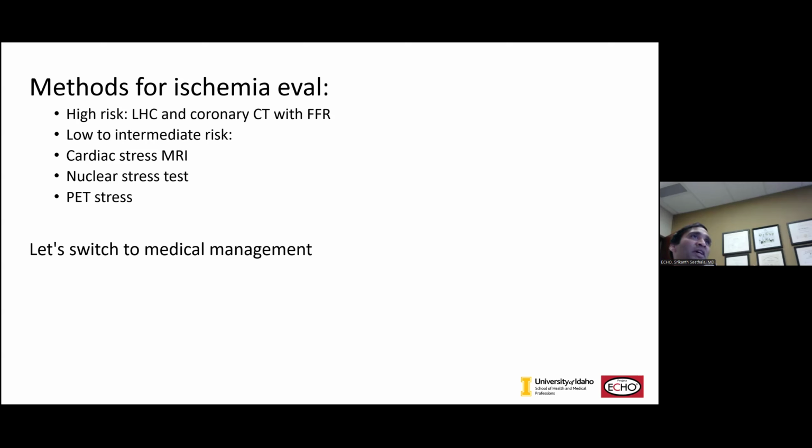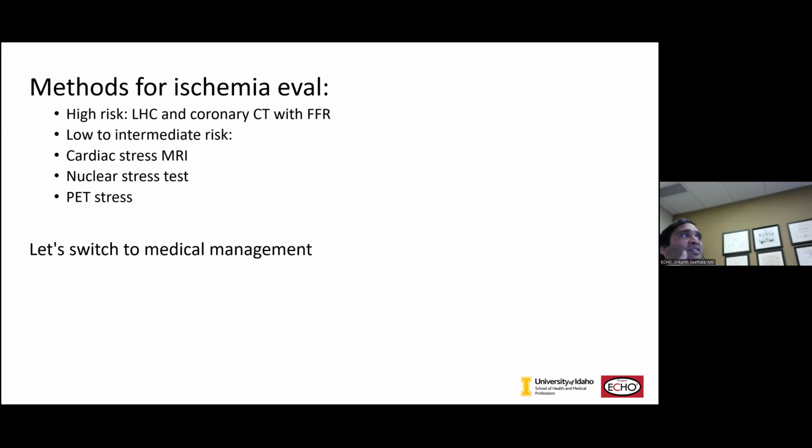That's what Bayes theorem tells. If you have a high-risk patient, for example a patient with coronary artery disease and bypass surgery coming into the hospital with chest pain, there's no point in doing a stress test. Directly take them to the cath lab, because even if the stress test is negative, it's most likely a false negative. And then we can do a coronary CT with FFR, and that also gives a very good ischemia evaluation.